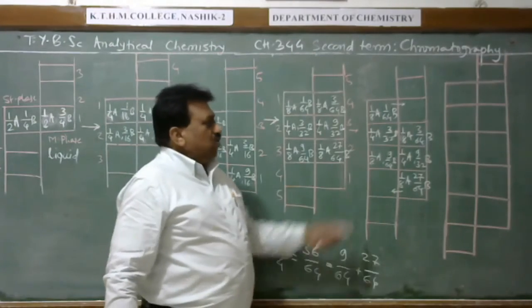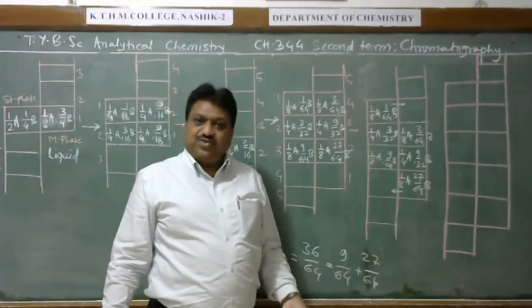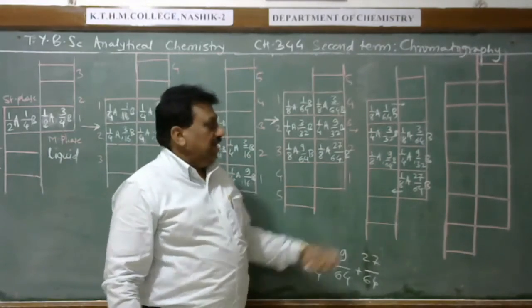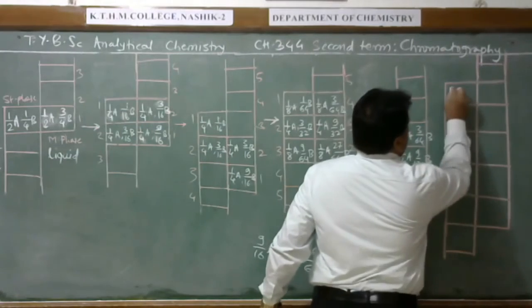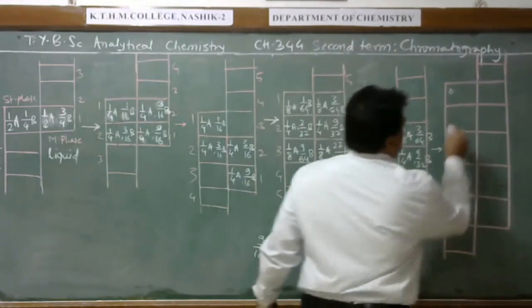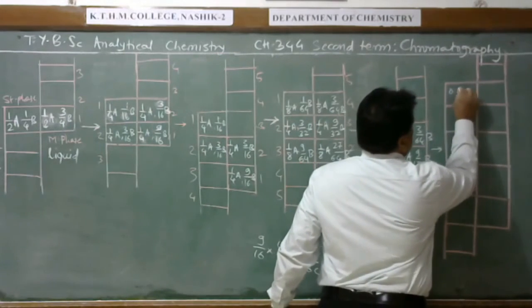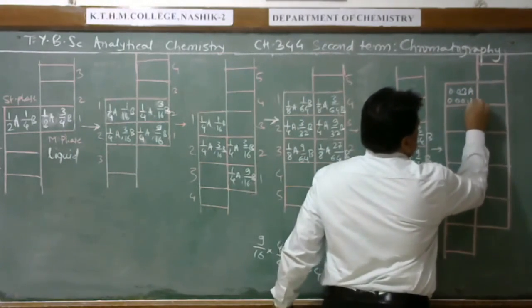Again, depending upon the solubility difference, A and B get distributed into the two solvents. And finally here, if we write this, after this we have 0.03A and 0.001B.